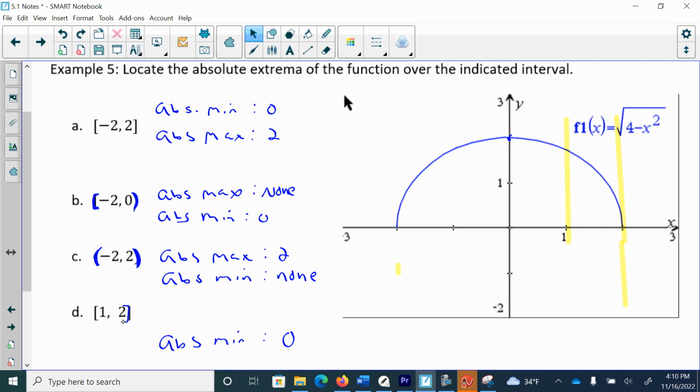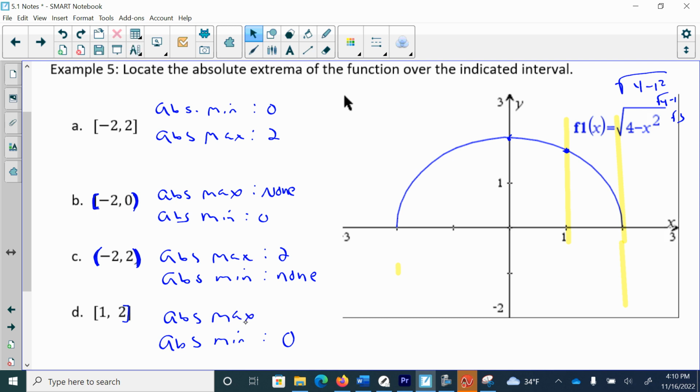But now I need 1. So I need to find this value here because that will be the highest value. So to find that value, I have to do the square root of 4 minus 1 squared. So the square root of 4 minus 1, so the square root of 3. And that is going to be my absolute max.